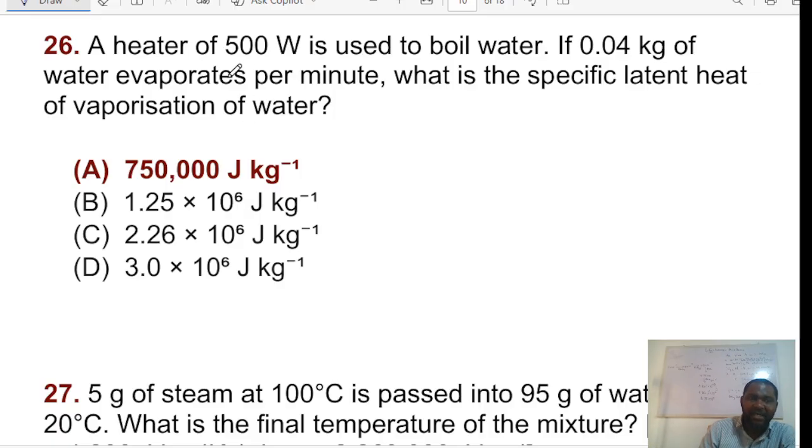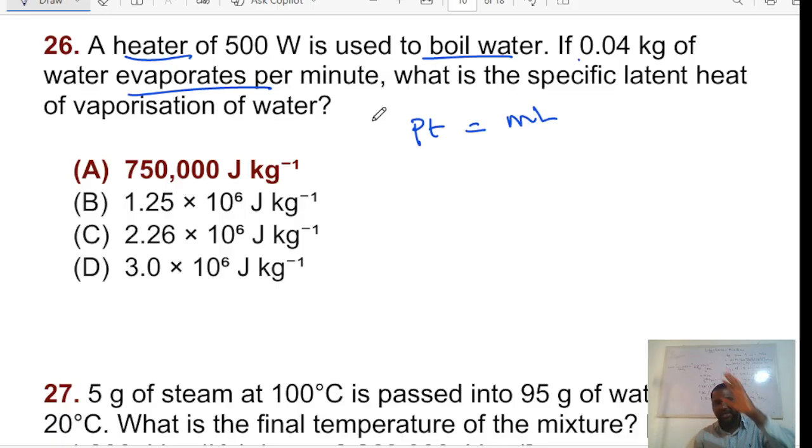Now in this case, you use the heater to boil water. So this is a case of using electrical energy to heat. So I'm going to use power times time equal to mL in this case, since it is just enough to boil the water. He said if 0.04 kilogram of water evaporates, that's the vaporization.